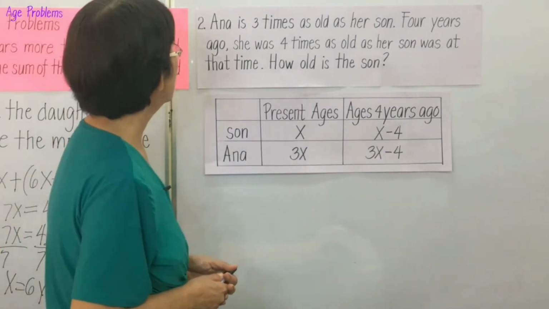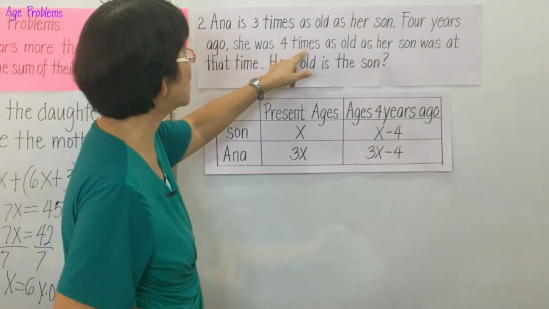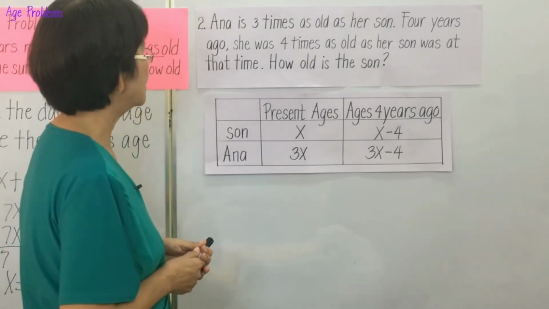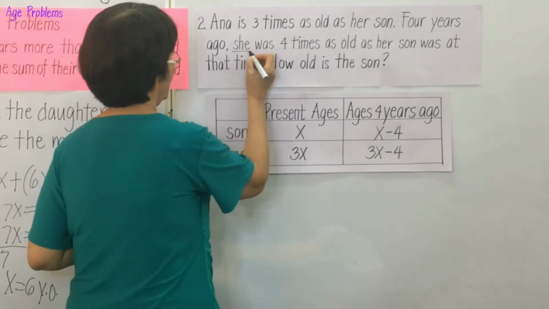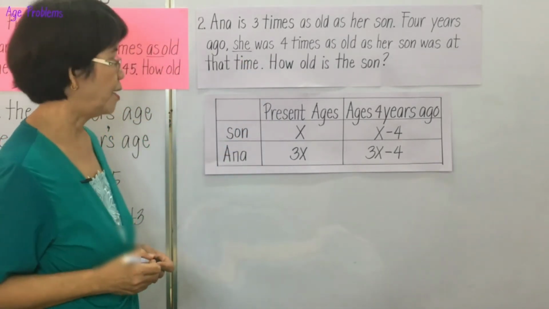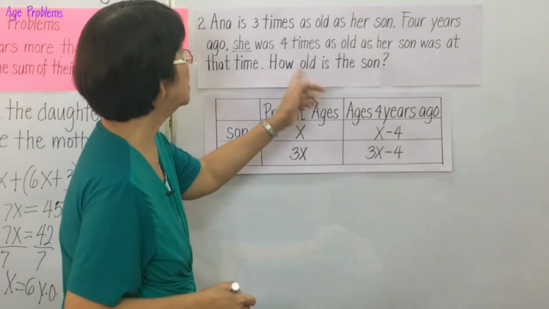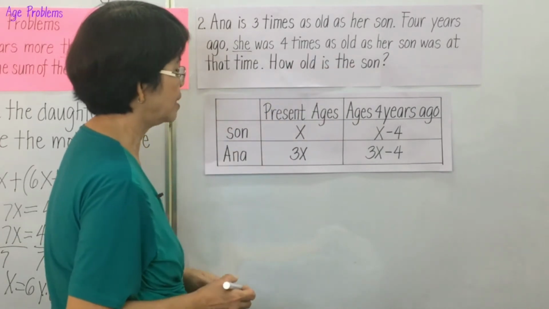And it says that 4 years ago, she was 4 times as old as her son was at that time. So the "she" here will be represented by the age of Anna. So she was 4 times as old as her son was at the time.